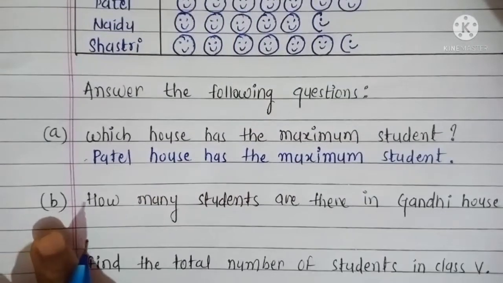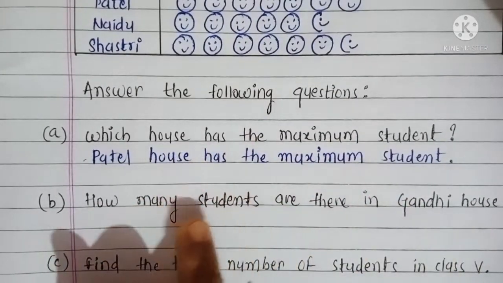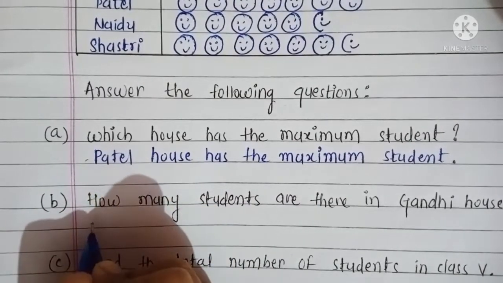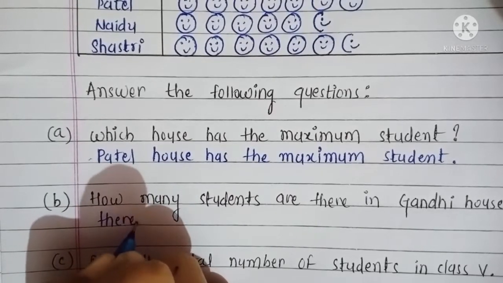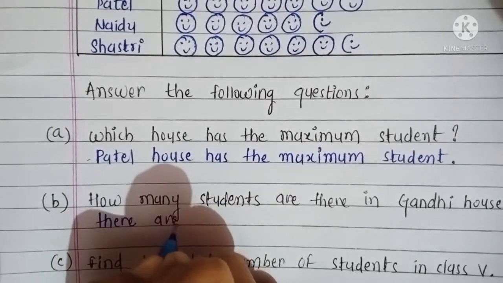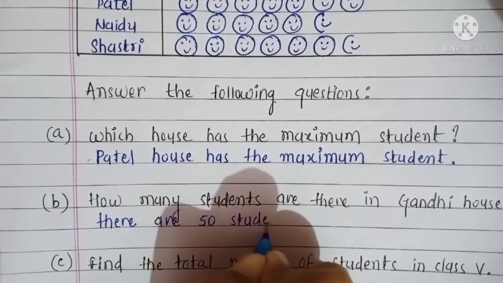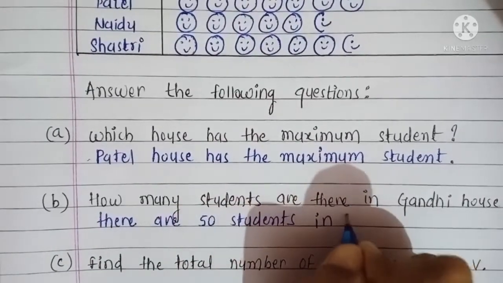Next B. How many students are there in Gandhi House? In Gandhi House, there are 50 students.